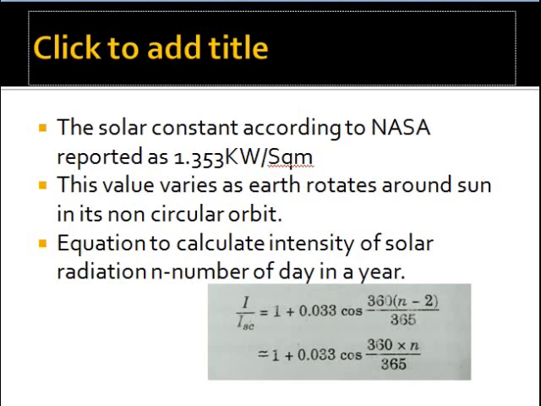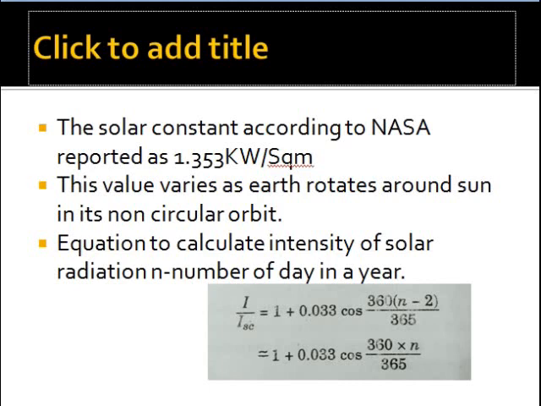What NASA actually did is it took trials at all times of the year, at mean distance of 1.5 into 10 power 8 kilometers roughly, and measured how much intensity of light is received by the earth. This 1.353 is actually a standard value, and it is not the same 100% all the time.